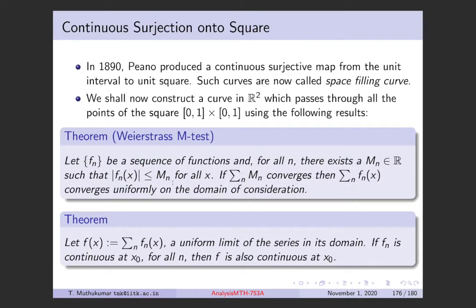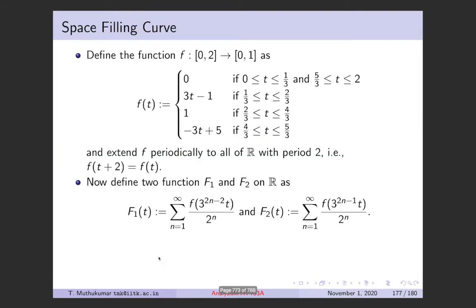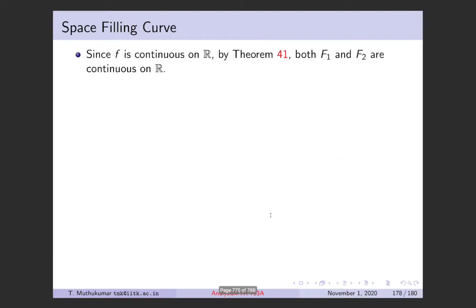That if you have a uniform limit of a series, if each of them is continuous at a point, then the limit is also continuous at a point, right? So here each term is continuous, so the limit is f1, which is continuous. Similarly f2 is also continuous at every point.